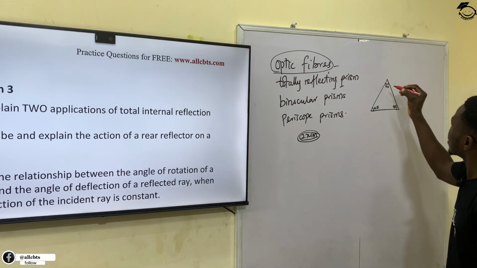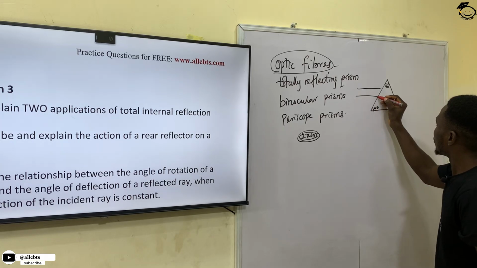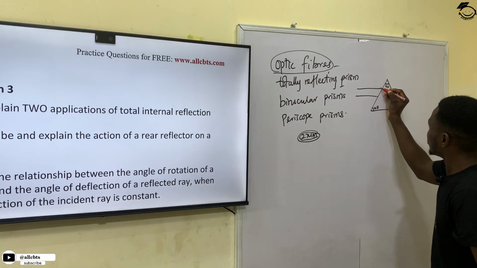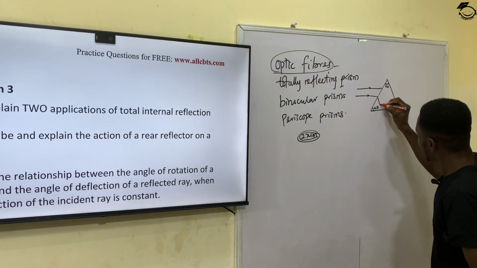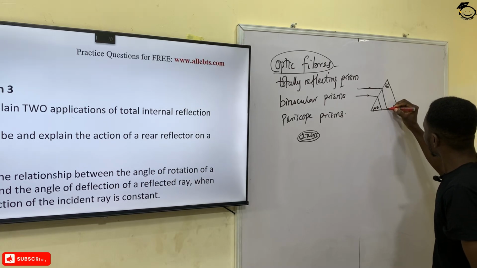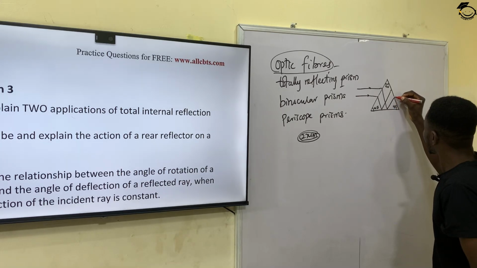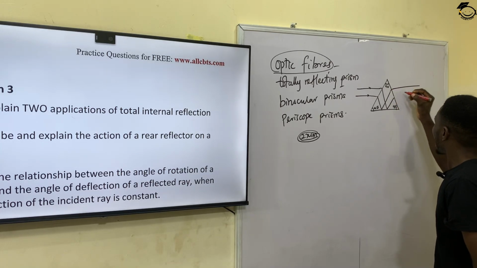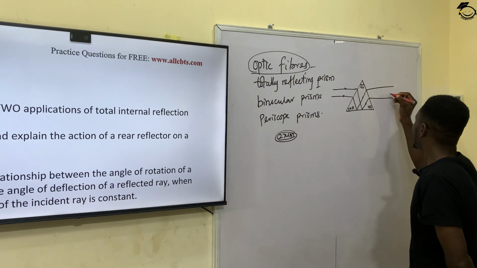So if light is incident on this, let's say I have a beam of light coming this way, this light will travel this way, and then travel this way, and then it is reflected from the prism.